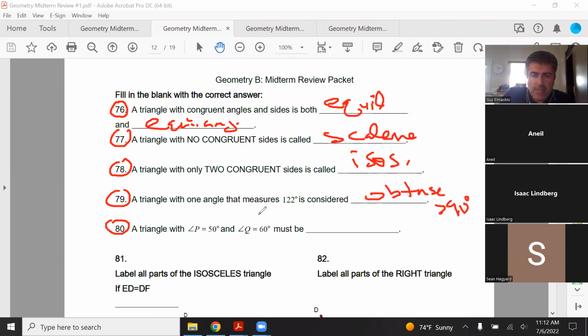And if you have 50 and 60, then the other angle is going to be 70 degrees, and this must be an acute triangle. Okay, so hopefully you guys are okay with that. All right, let's keep moving.